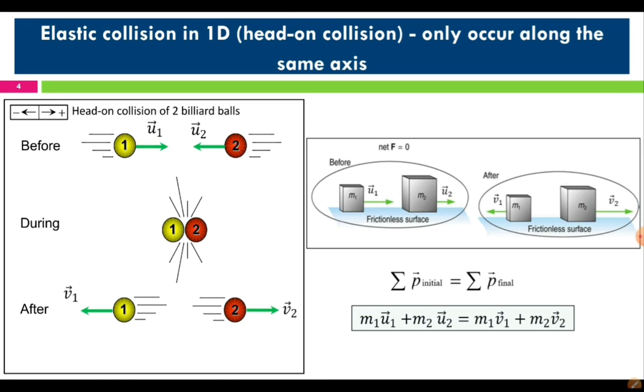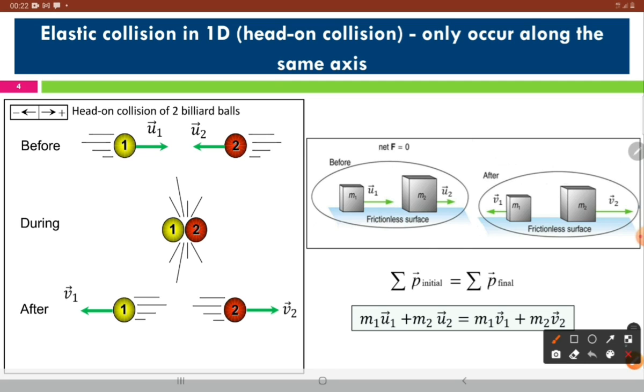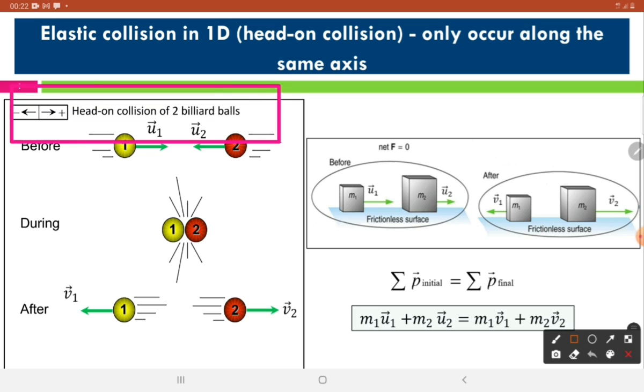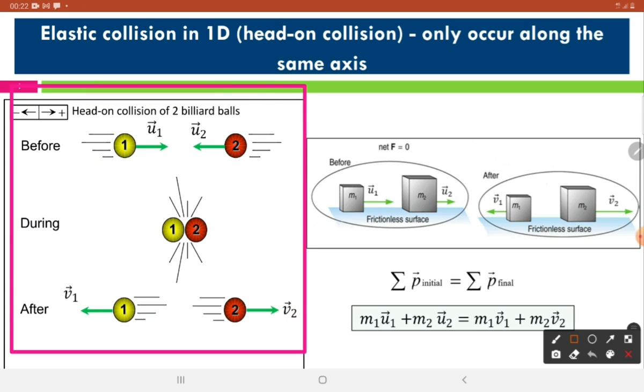Elastic collision in one-dimensional motion, which is known as head-on collision. What is meant by one-dimensional collision? One-dimensional collision means before and after collision, it occurs along the same axis. So you can refer to this diagram. This one is a head-on collision of 2 billiard balls.